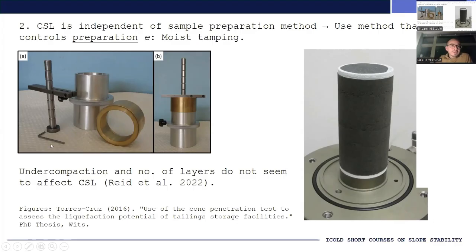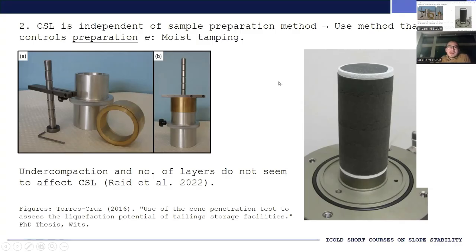And I'm showing here an example of tools that you can use to control the moist tamping procedure. These are not tools that I have found to be commercially available, so one has to request them to be machined for the purpose. But I do think they go a long way in helping you ensure that you can consistently apply the moist tamping method.